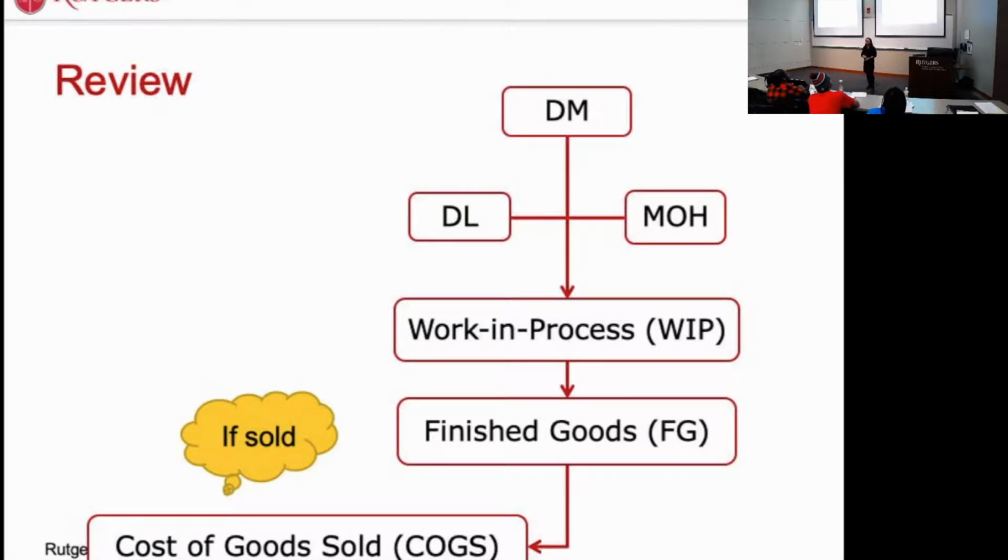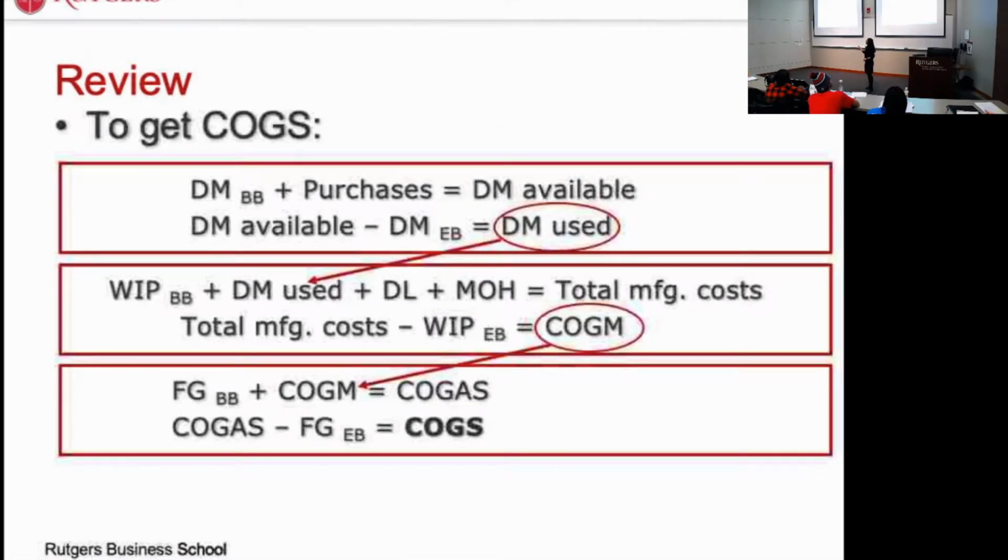So the logic, let me repeat, is that we know the beginning balance, right? And then we have some purchases. So together we have the part that's available for use. And then at the end of the period, we can also get the direct material ending balance. And then we just need to take that part out, and the rest is the direct material used.